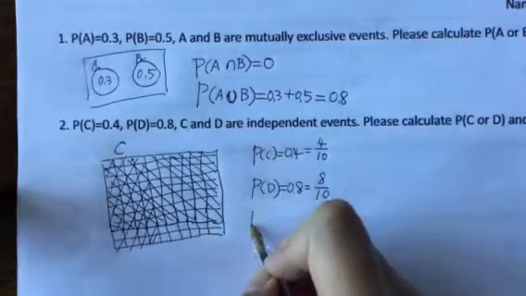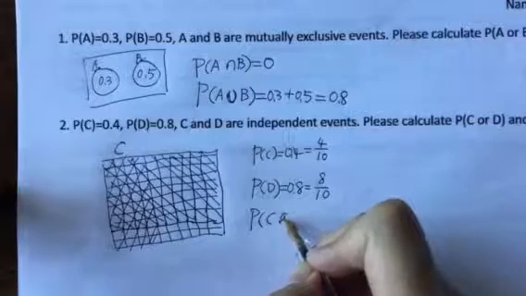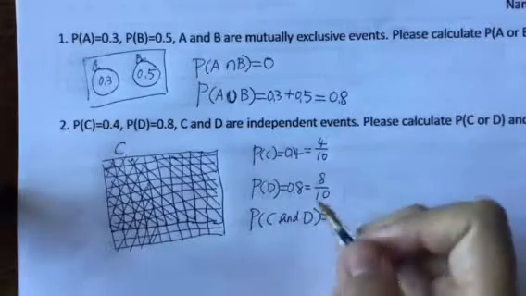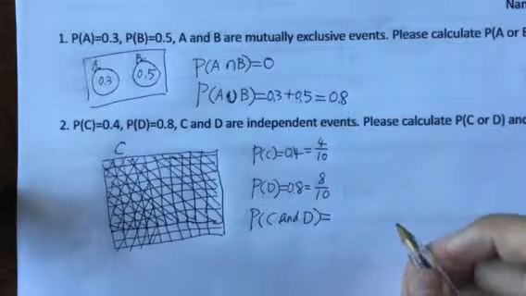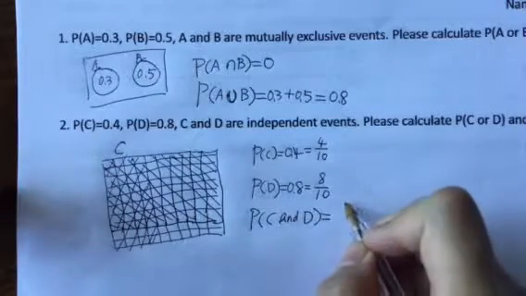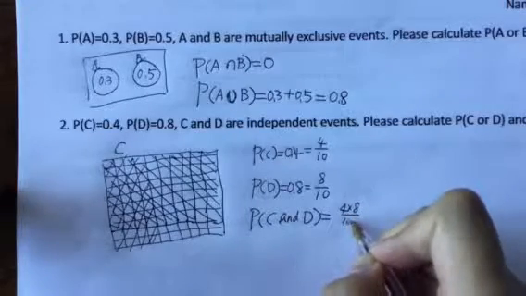Now, the question is, what is the probability for C and D? Like the one that belongs to C and belongs to D. You see how large it is? 4 times 8, out of how many? Out of 100.